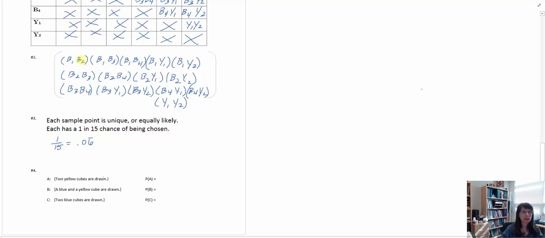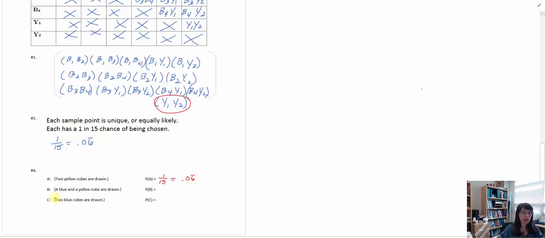Looking at our sample points, just going to scan across the row and look for 2 yellow, and we don't find 2 yellow until the very last sample point. So 1 sample point out of 15 sample points has 2 yellow cubes drawn. So we set up 1 out of 15, and that's the calculation we just did in the previous step, so we know that would be 0.06 repeating.